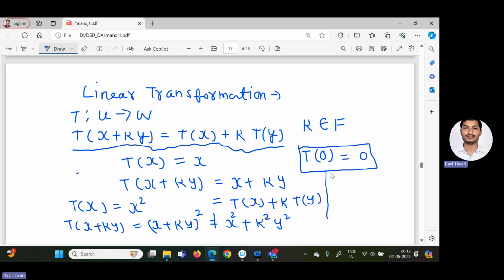It is not mandatory that any function satisfying this condition will be a linear transformation. A simple example is T of x equal to x square. Here T of 0 is 0, but because this is quadratic, it is not a linear transformation.